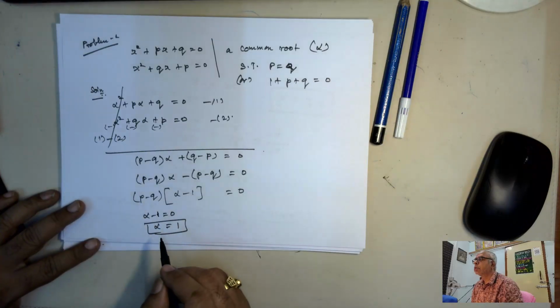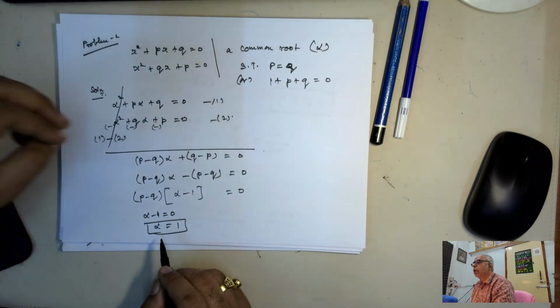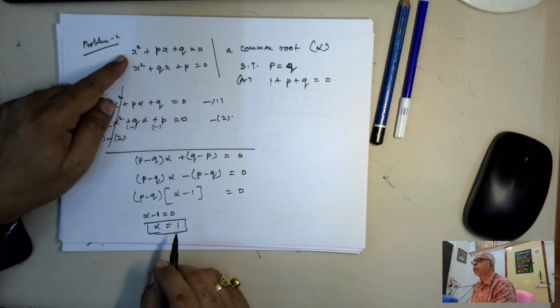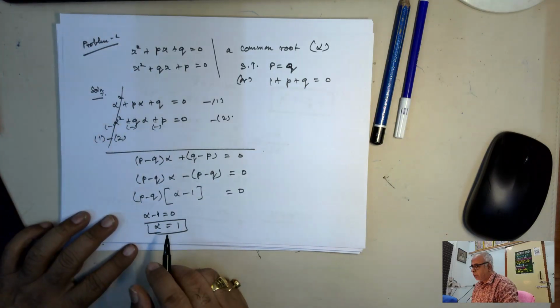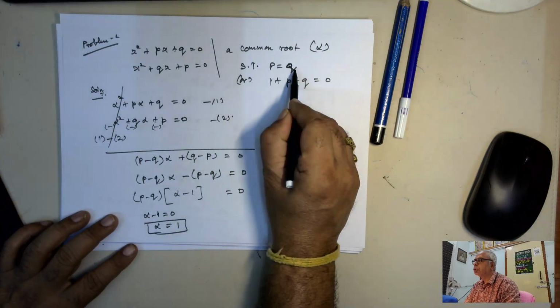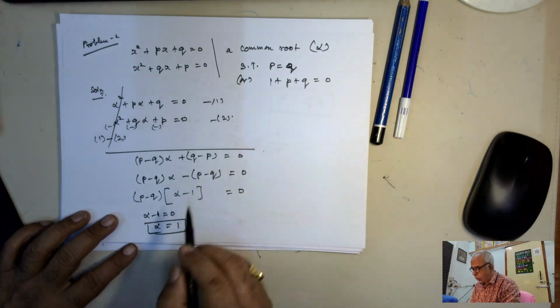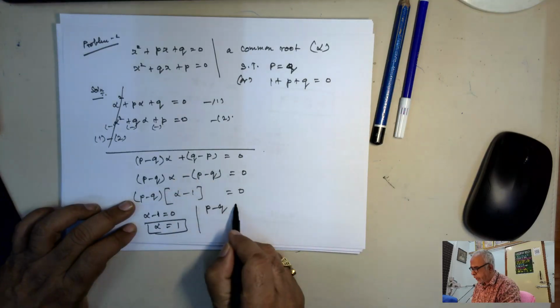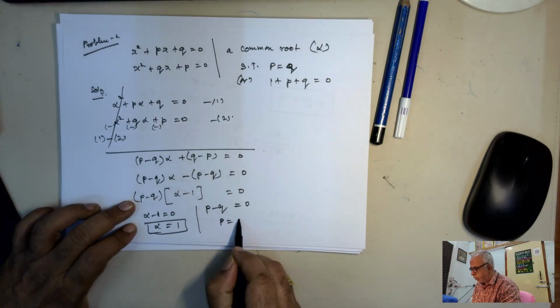Now we can substitute so that you are able to get alpha. Since we have to show p is equal to q, in that case p minus q, one of the terms may be 0, therefore p is equal to q.